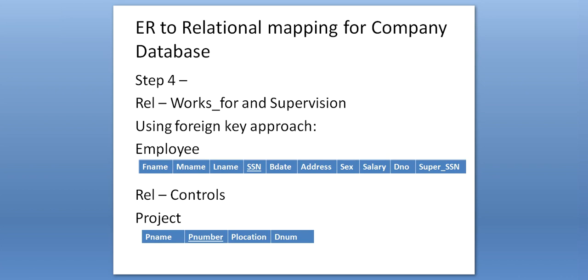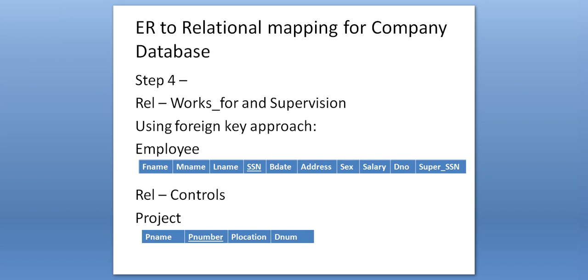Now, for the relationship types works for and supervision, step number 4 says that we have to make changes in the relation representing the entity type whose maximum participation is n.